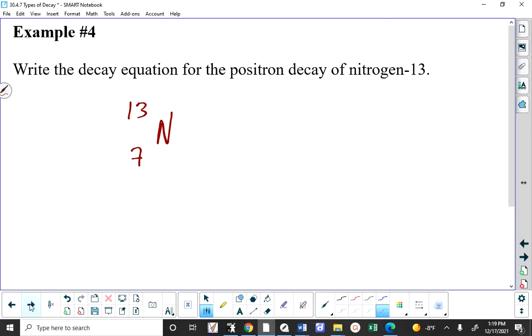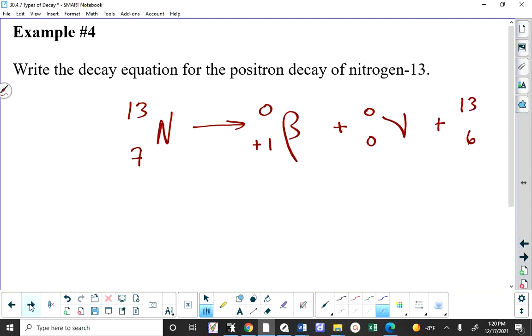We're told it's positron decay, so you get this positron particle, plus you get a neutrino, and you figure out what else you get based on conservation of nucleons and conservation of charge. I guess the top number is still going to be 13, and the bottom number would have to be 6.